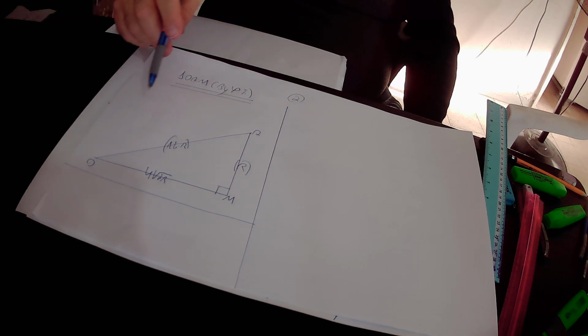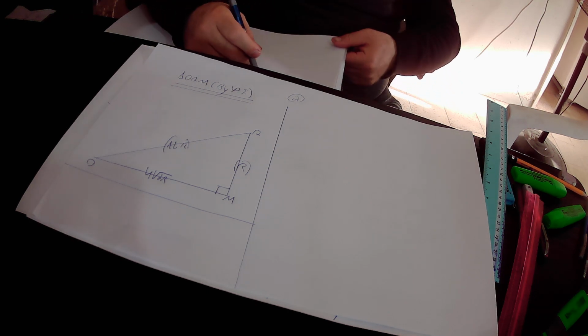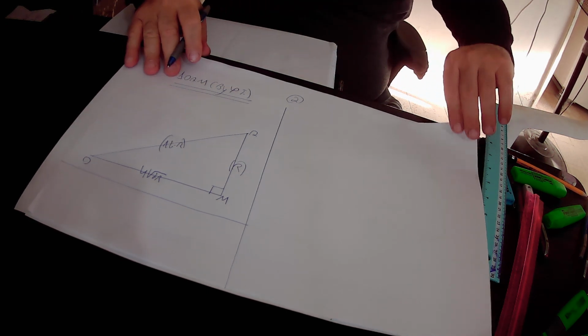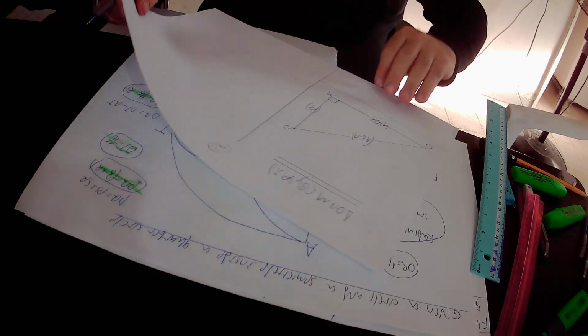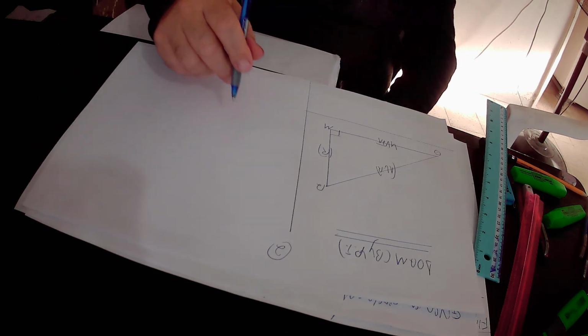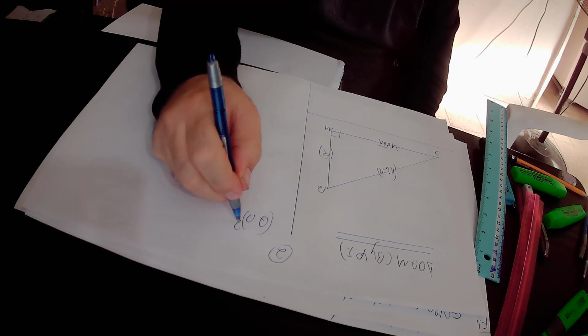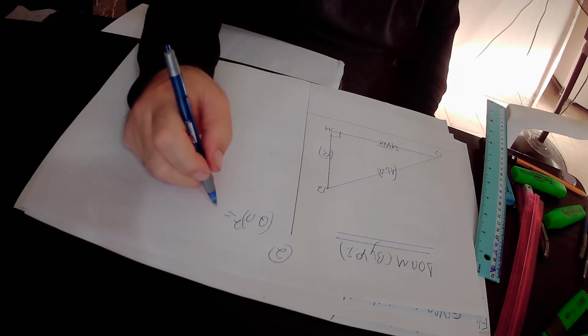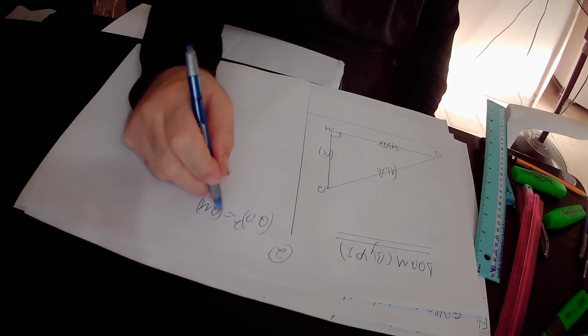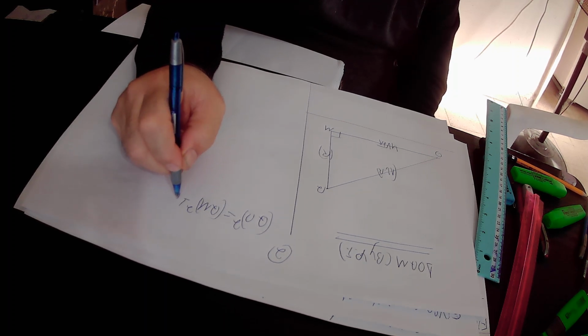Again, QO square equals QM square plus MO square. So I write it down. QO square, that is the square of the hypotenuse, must be equal to QM square plus OM square.